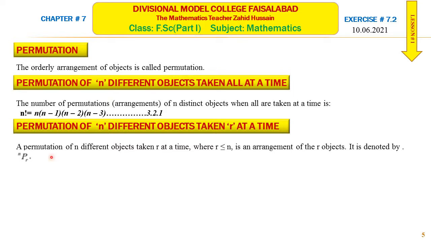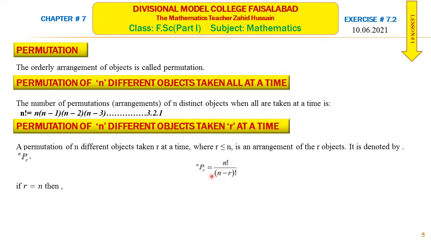nPr. The permutation of n objects taken r at a time is denoted by this symbol. On the calculator there is this key nPr. This is read as permutation of n objects taken r at a time, and the formula by which we will calculate this is nPr equals n factorial over (n minus r) factorial. In the numerator we write n factorial, and in the denominator is the factorial of the difference of these two numbers, n and r.